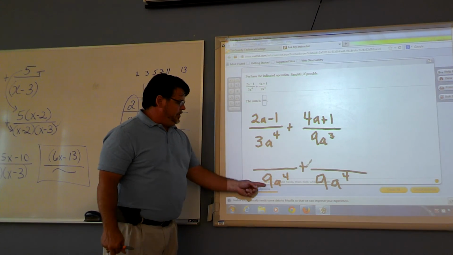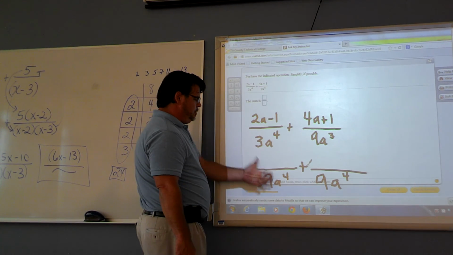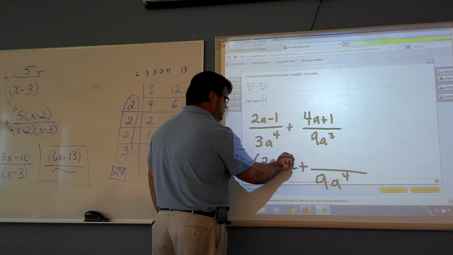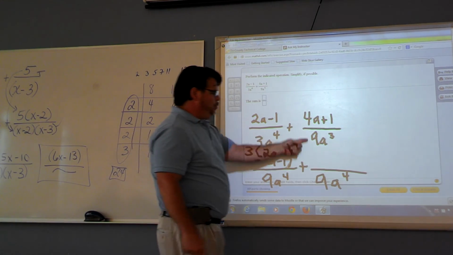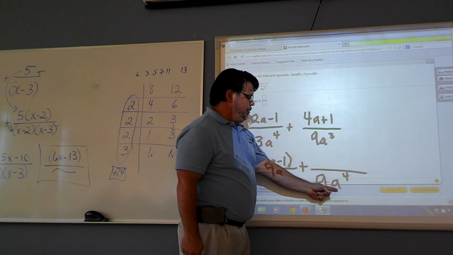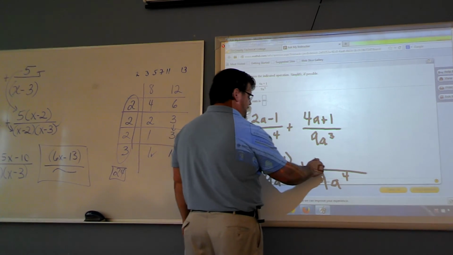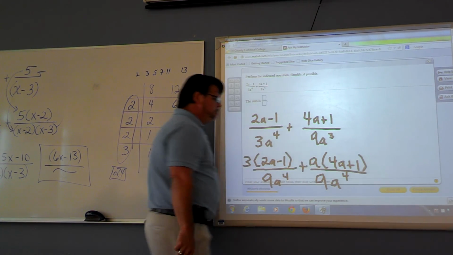How many times does 3 go into 9? 3 times, and then a to the 4th, so it'd be 3 times 2a minus 1. 9 will go into 9 one time. a to the 3rd will go into a to the 4th how many times? a times 4a plus 1.